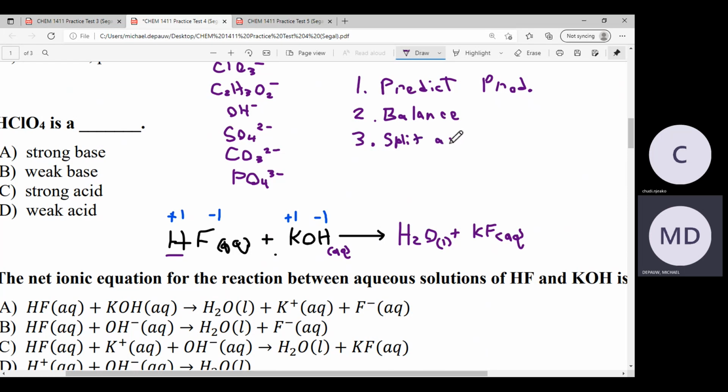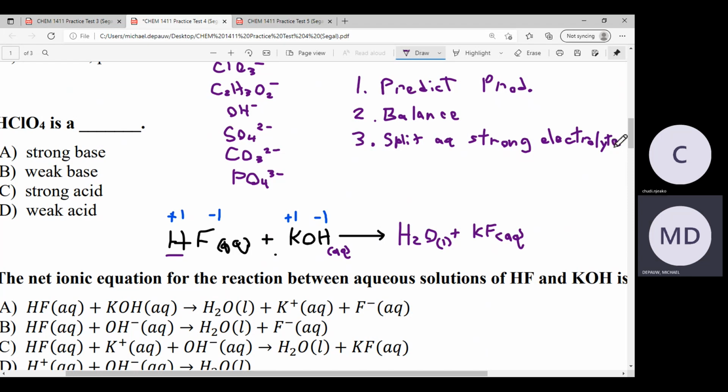Now, what are the aqueous strong electrolytes? What sorts of things are aqueous strong electrolytes? There's only two things: soluble ionic compounds and strong acids.